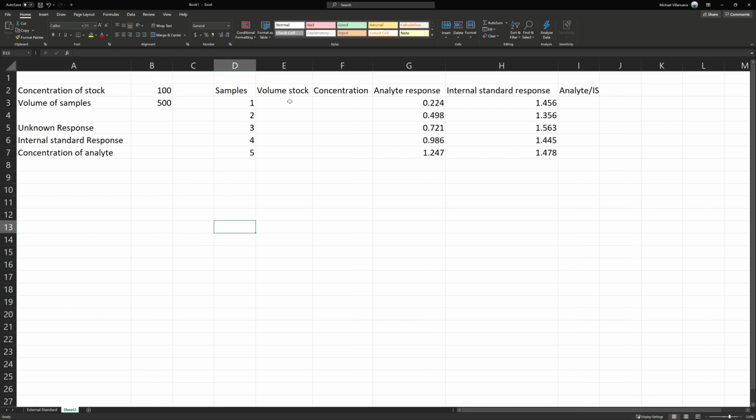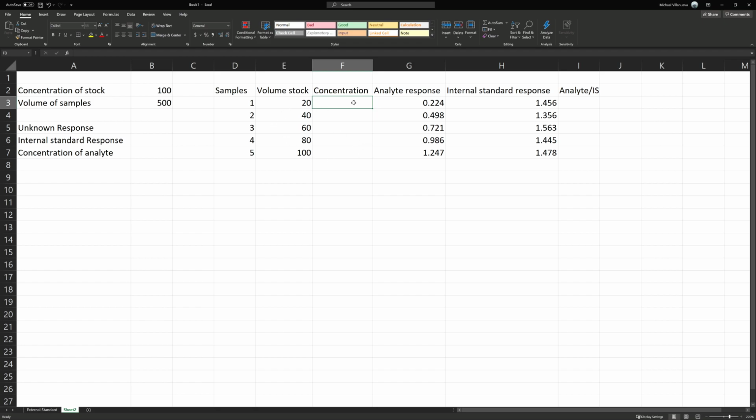So we need to enter our stock volumes. What are our stock volumes? Let's use 20, 40, and 60. And let's say that our concentration is something that we are going to calculate.